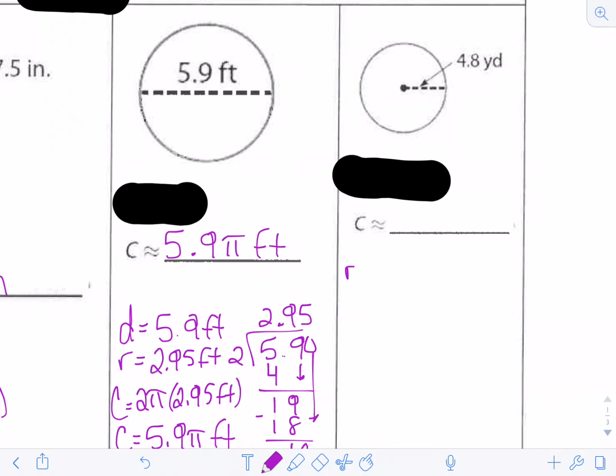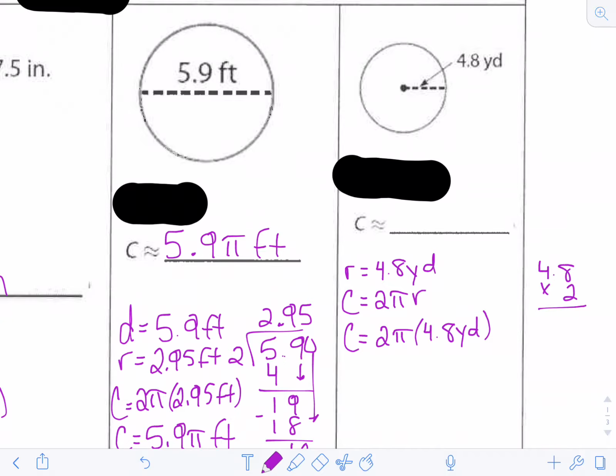So my radius is 4.8 yards. Formula for circumference is 2 pi r. I have my radius, I'm going to plug that in. So I have 2 pi times 4.8 yards. If you need to, you can go over here off to the side. 4.8 times 2. 2 times 8 is 16.